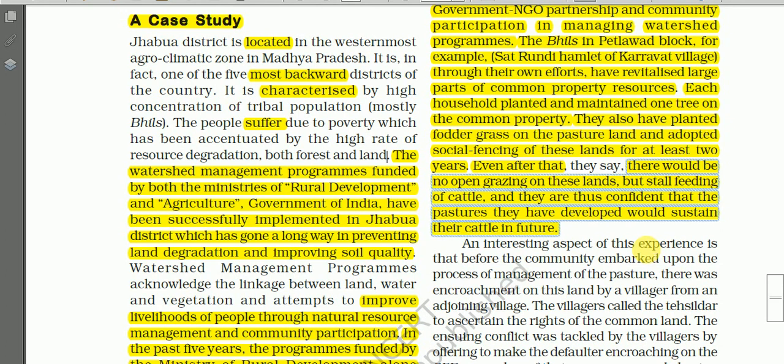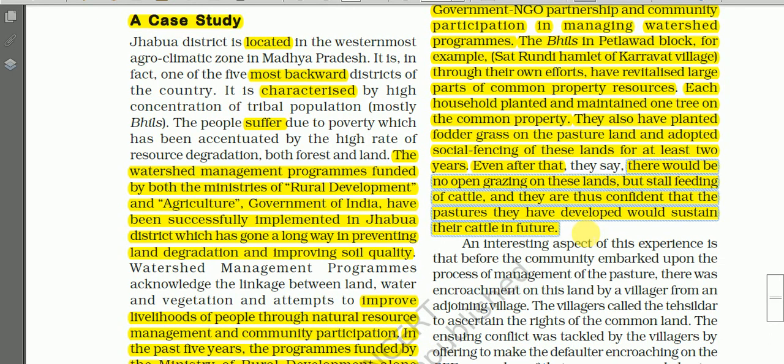They are confident that the pastures they have developed would sustain their cattle in the future, which means it will last long for the future generation. Stall feeding means we have to cut grasses from the grasslands, from the community resources, CPRs, or from the forest, and feed the cow in the cowshed. Open grazing is not allowed.